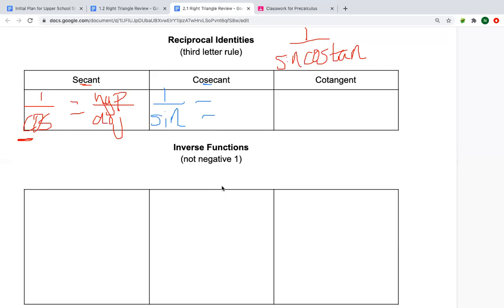So this would be hypotenuse over opposite. And then I bet y'all can guess what this one would be, but it's 1 over tan. And you flip the fraction, so this is adjacent over opposite. Cool.